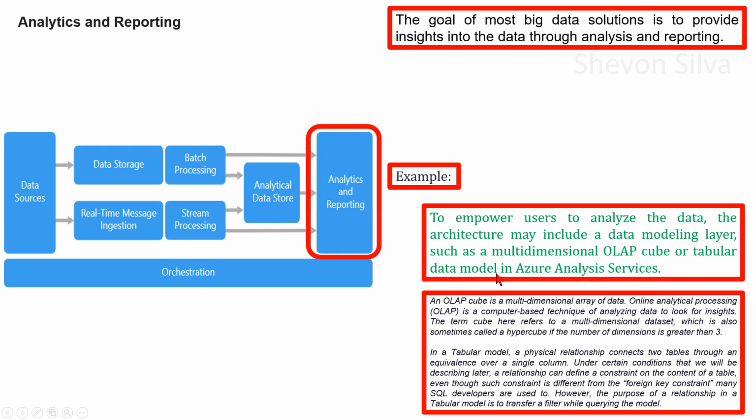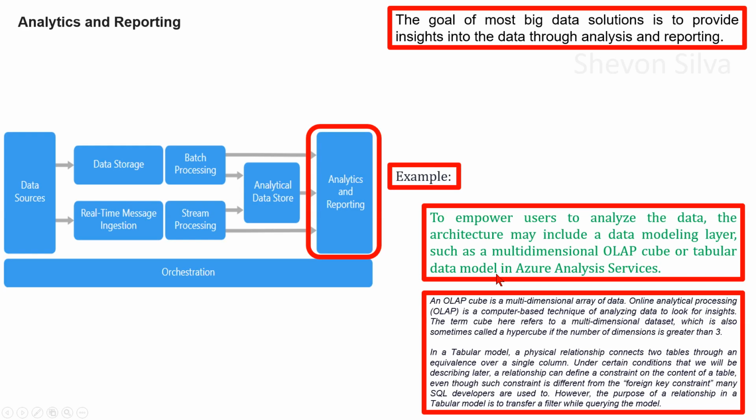In a tabular model, a physical relationship connects two tables through an equivalence over a single column, under certain conditions that we will be describing later.